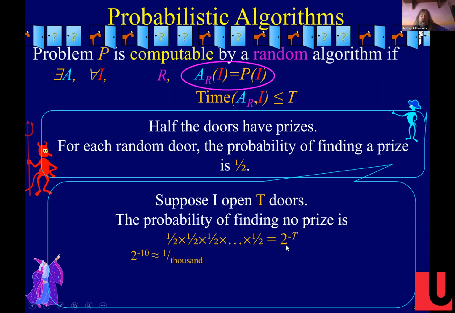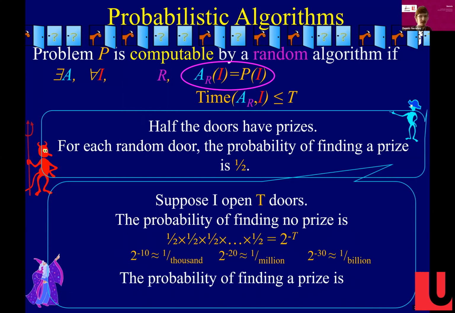Here's how I like to analyze powers of 2: 2, 4, 8, 16. 2 to the 10 is 1,024, right? So 2 to the negative 20 is about 1 in a million. Sorry, 2 to the negative 30 is 1 in a billion.